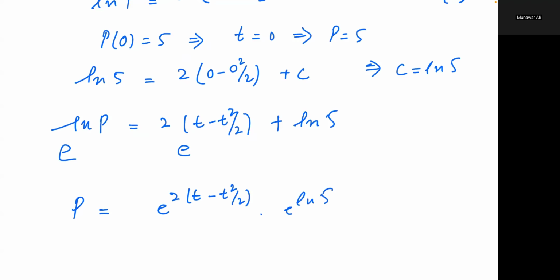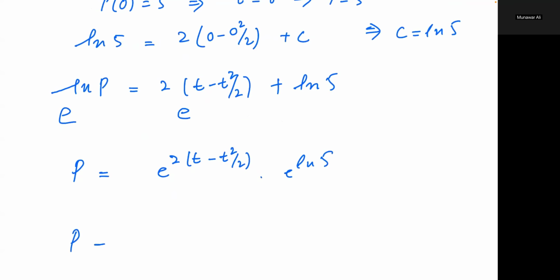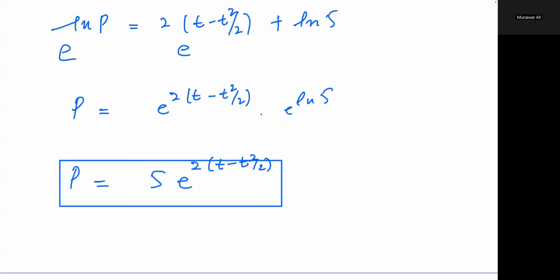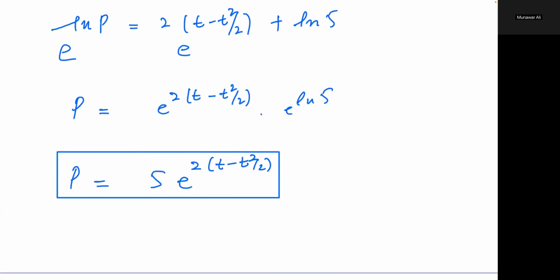So the second term, e and natural log, can be cancelled. You'll be left with 5. So this is 5 times e to the 2t minus t squared divided by 2. So this is the solution for that problem.